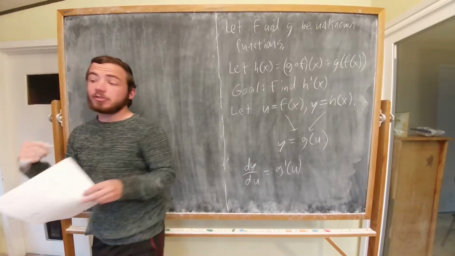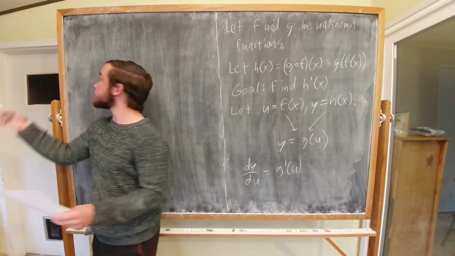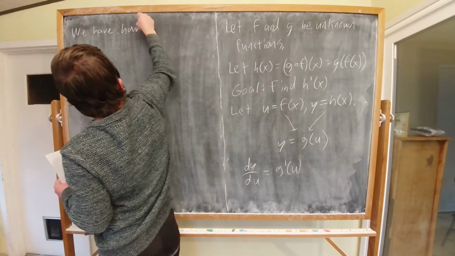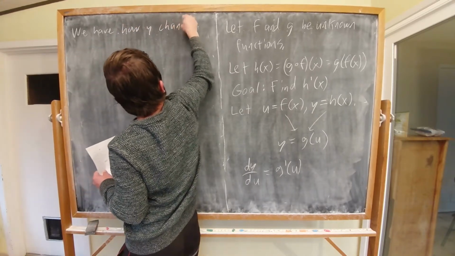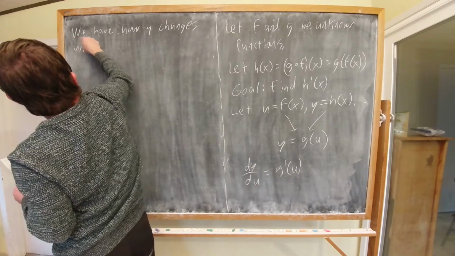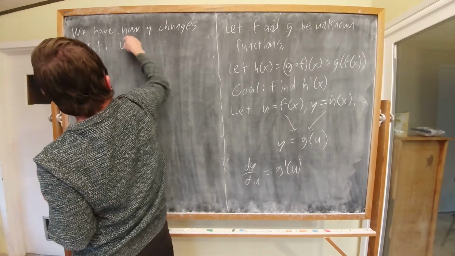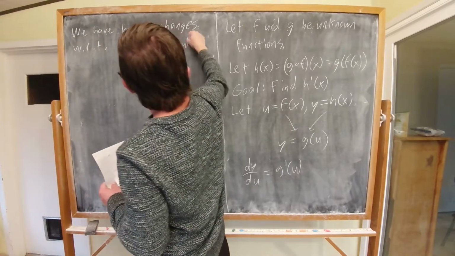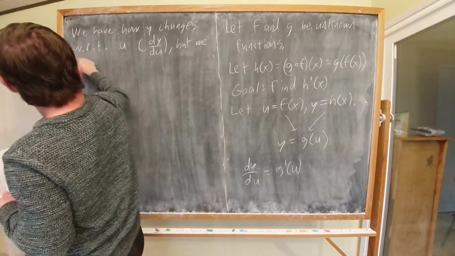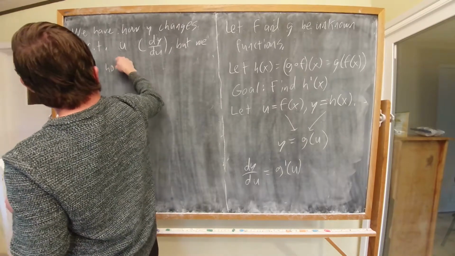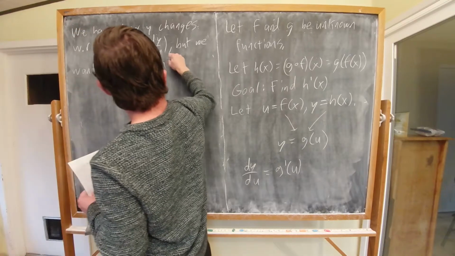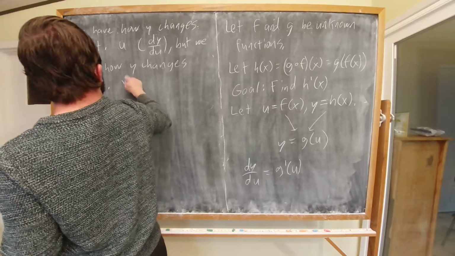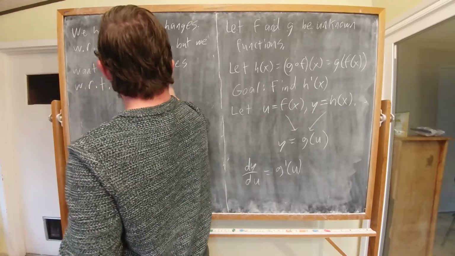Right? Using the definition of the derivative as instantaneous rate of change, we have how y changes with respect to u, because that is dy du, but we want how y changes with respect to x, which is dy dx.